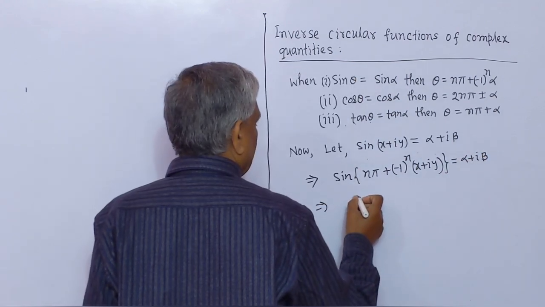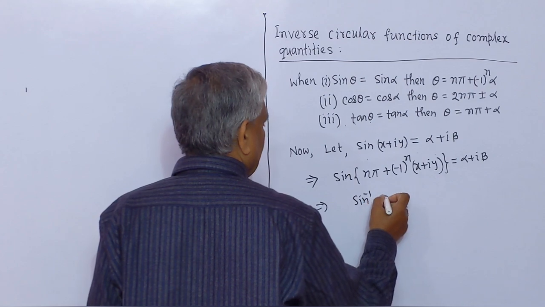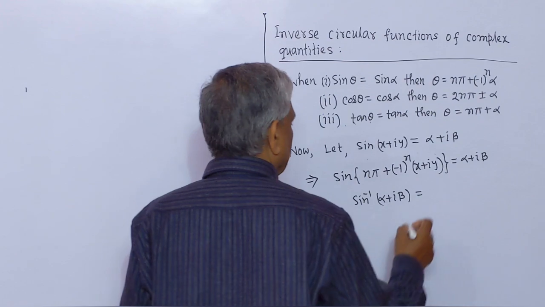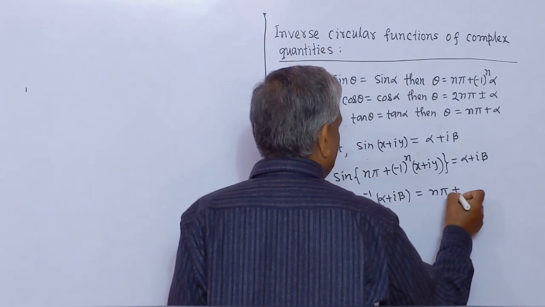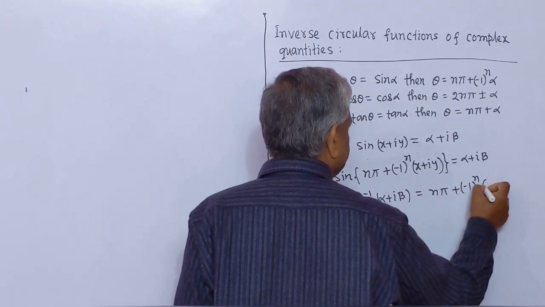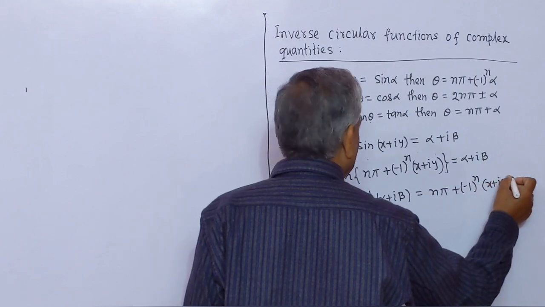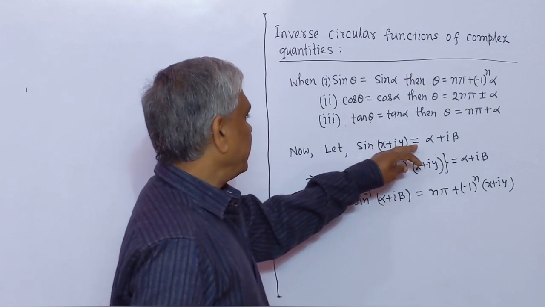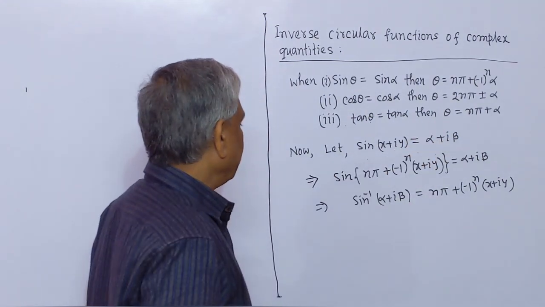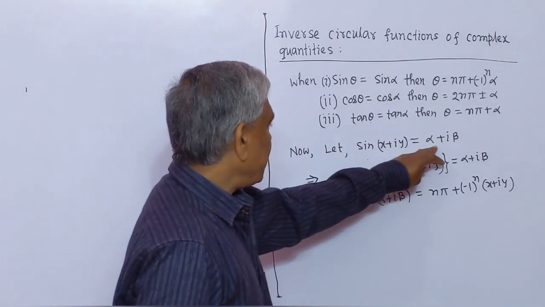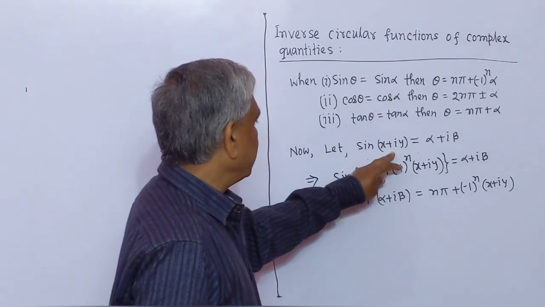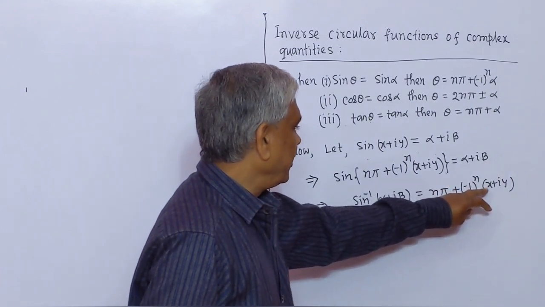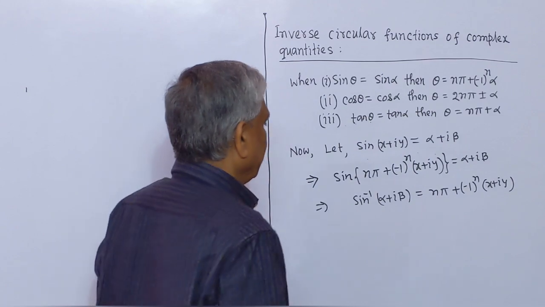This implies that sin inverse of alpha plus i beta equals n pi plus minus 1 to the power n, x plus iy. Therefore, if sin of x plus iy equals alpha plus i beta, then sin inverse of alpha plus i beta equals n pi plus minus 1 to the power n, x plus iy.